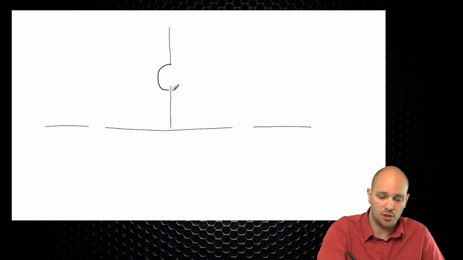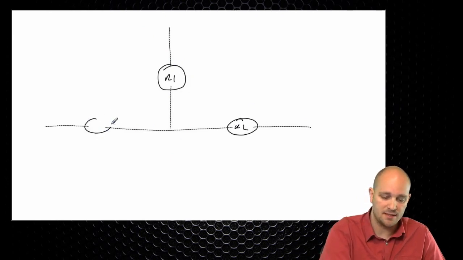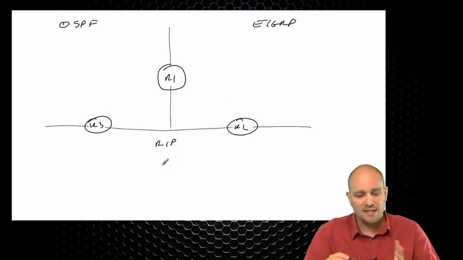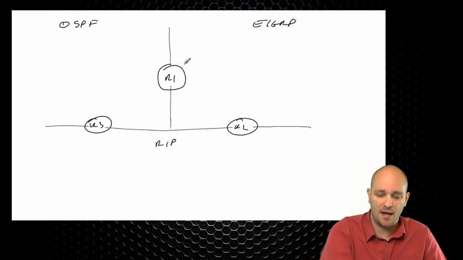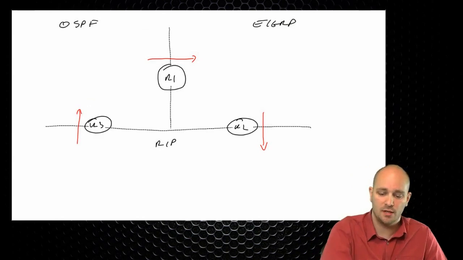So let's say that this here is my R1, this is R2, and this here is R3. And let's say that I have OSPF, I have EIGRP, and I have RIP on this side here. So this is the basic network setup, and I'm asked to redistribute like this. So mutual redistribution at 3 points with 3 protocols.